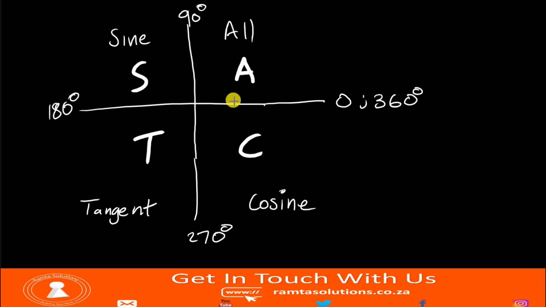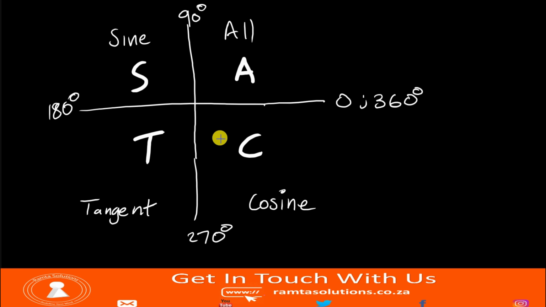You now have an idea where this CAST diagram is coming from. Remember, this is the first quadrant, second quadrant, third quadrant, and fourth quadrant.